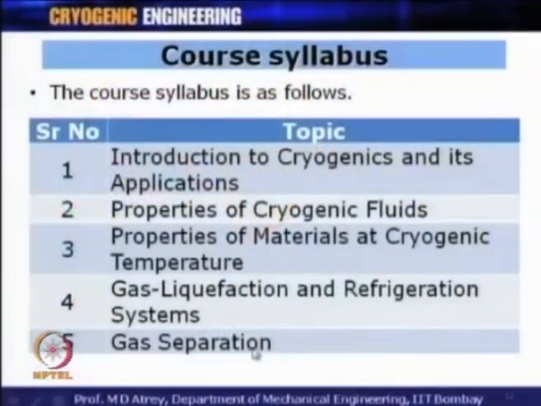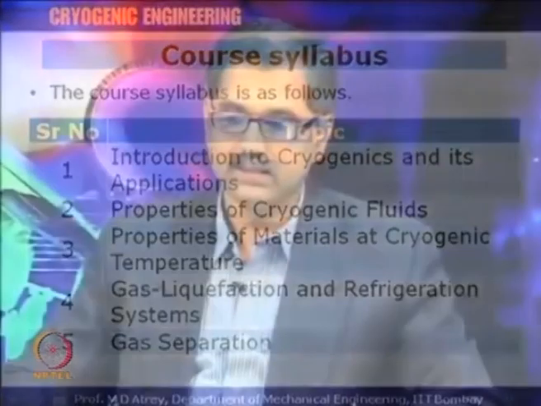Basically, I have to understand how I separate these gases, and what my work input should be in these cases. This is normally done by fractional distillation, but then you have to design a distillation column, and this is the most important part of it. So, gas separation along with gas liquefaction, topics 4 and 5, are very important to study in cryogenic engineering.